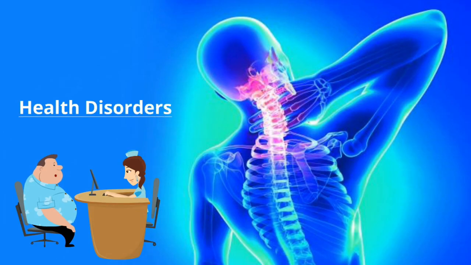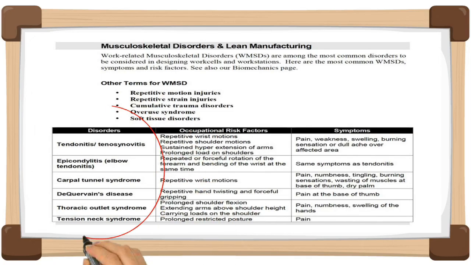Let us understand some of the health disorders that are related. These are all the disorders that can develop when a particular movement is done regularly and repeatedly. The manufacturing cell design and work design should consider these disorders and avoid them.